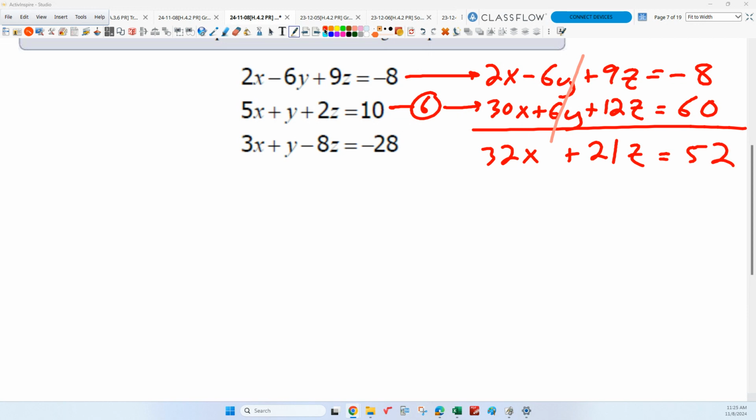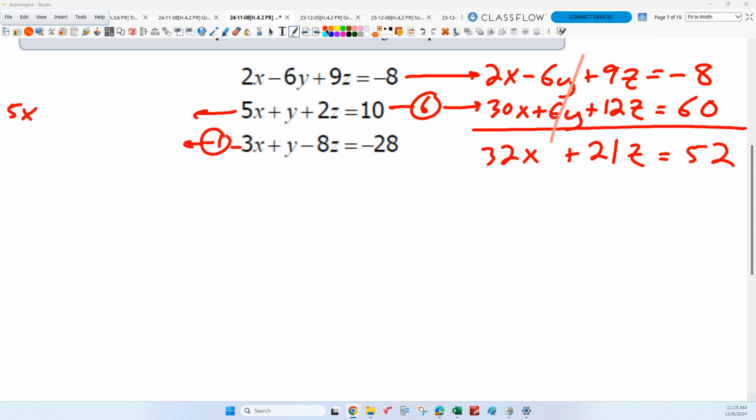Okay, now we need to pick another pair of 2 different equations and eliminate the same variable, and you guys already picked y, so how about if we pick the bottom 2? If we pick the bottom 2, we would leave this one alone, and multiply the bottom one by negative 1.